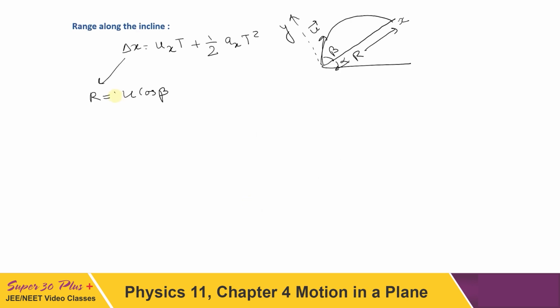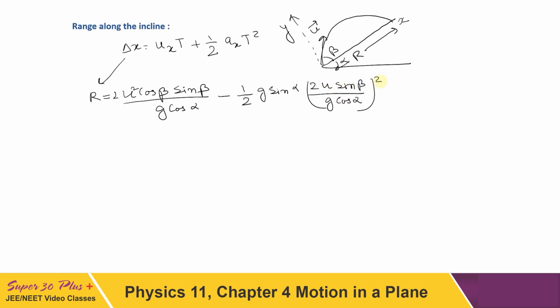So it can be written as u cos beta times 2u sin beta upon g cos alpha, minus half ax, which is g sin alpha, and the square of t, which is 2u sin beta upon g cos alpha, square of this whole. If we solve it, finally the result will come as 2u square sin beta cos alpha plus beta, and this whole divided by g cos square alpha.